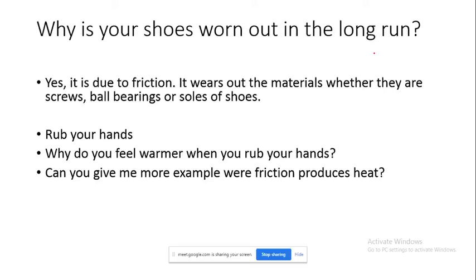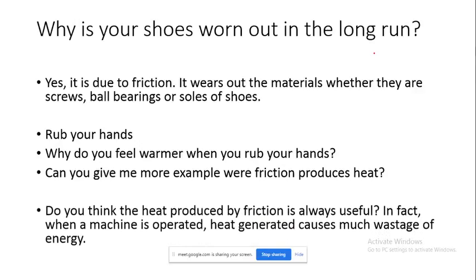So it is not a good thing there, it's unwanted and harmful to your machines. When a machine is operated, heat generated causes waste of energy. Especially in mixer grinders, this heating up will use a lot of electricity to cool it. So it's a waste, an unwanted thing there.